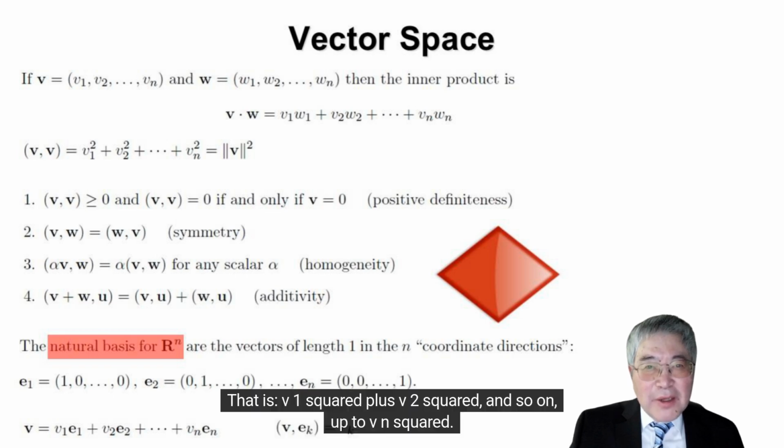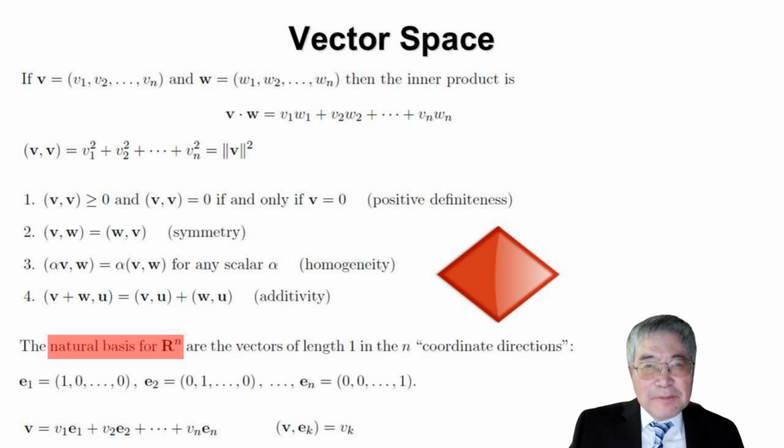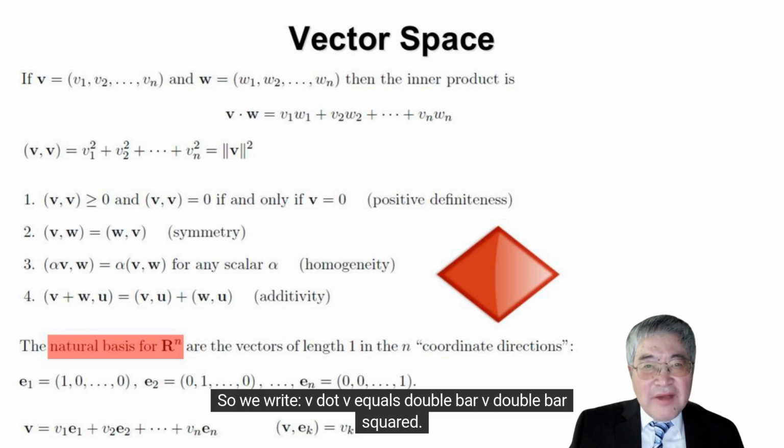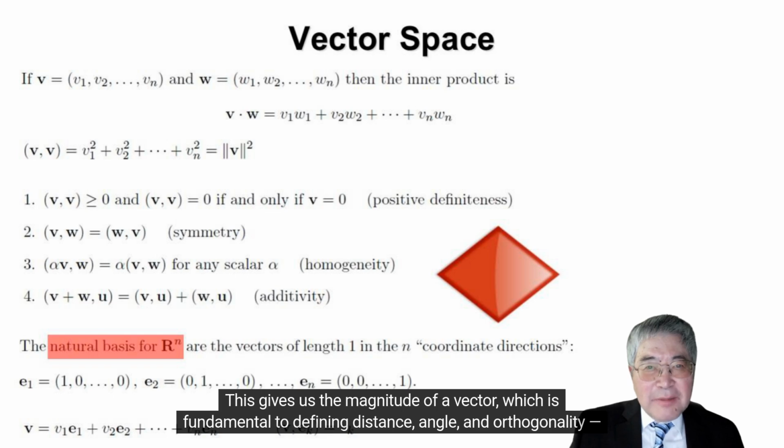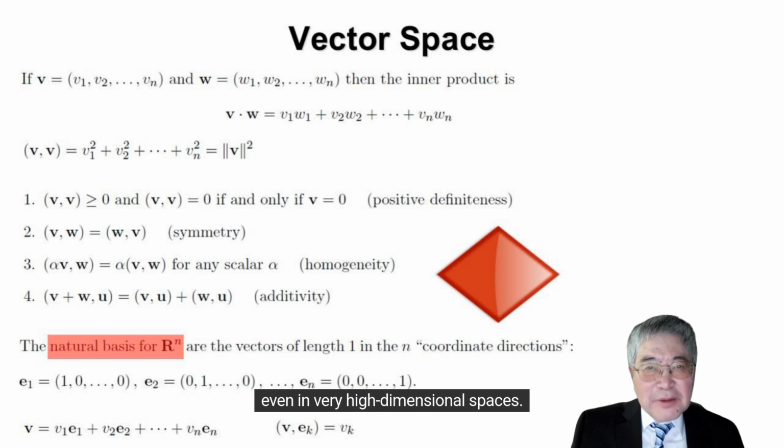That is, v1 squared plus v2 squared and so on up to vn squared, which is simply the squared length of the vector, or the norm squared. So we write v dot v equals double bar v double bar squared. This gives us the magnitude of a vector, which is fundamental to defining distance, angle, and orthogonality, even in very high-dimensional spaces.